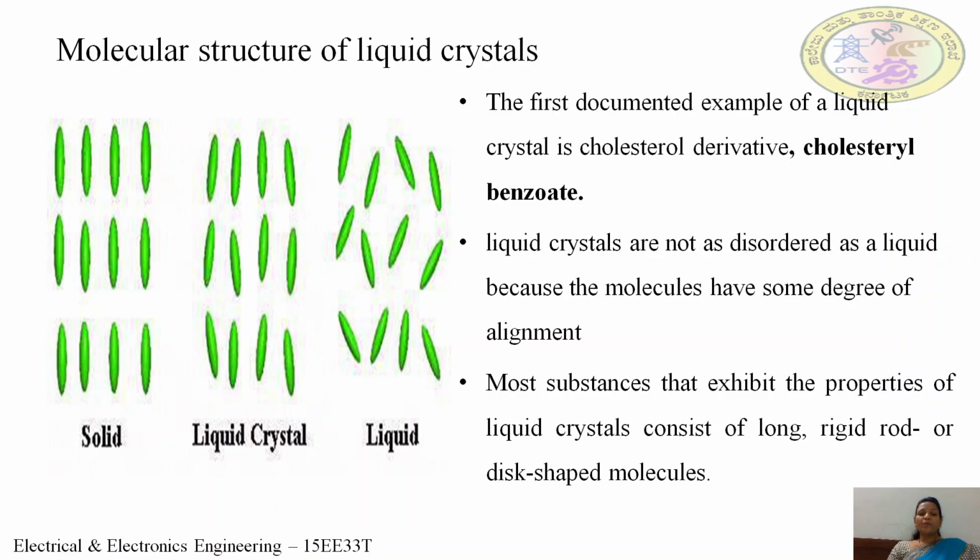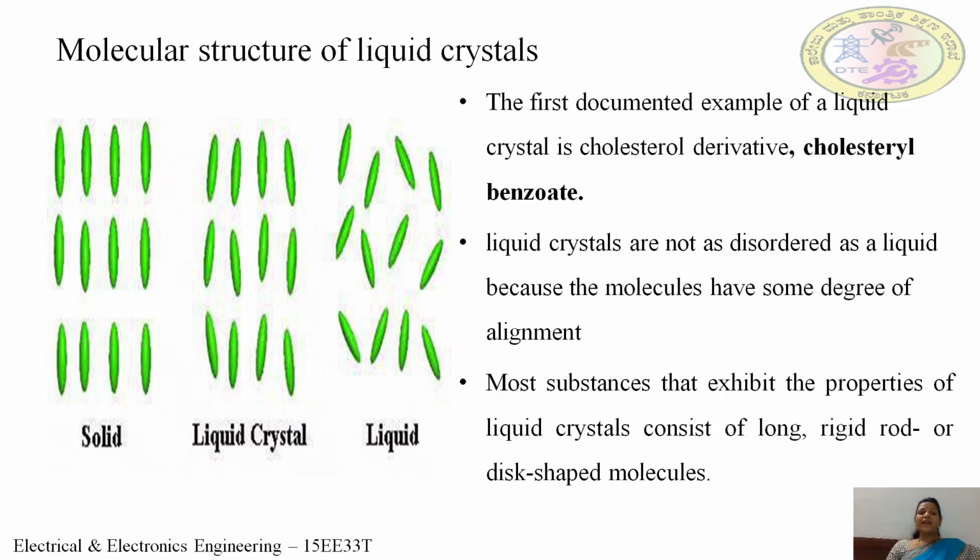That is, liquid molecules have the ability to move one molecule past another. So they are very randomly organized. But these liquid crystal molecules, even though they are not as well organized as solid molecules, are still quite well organized when compared to liquid substances.